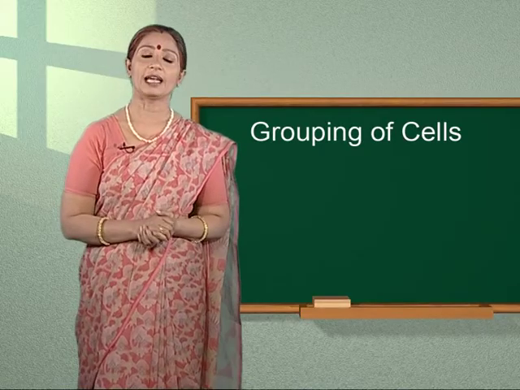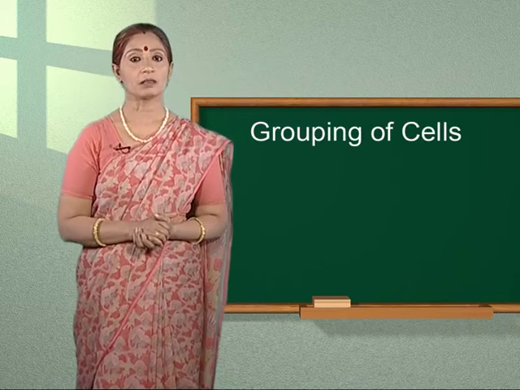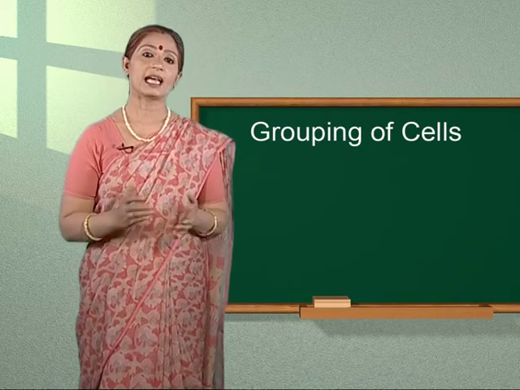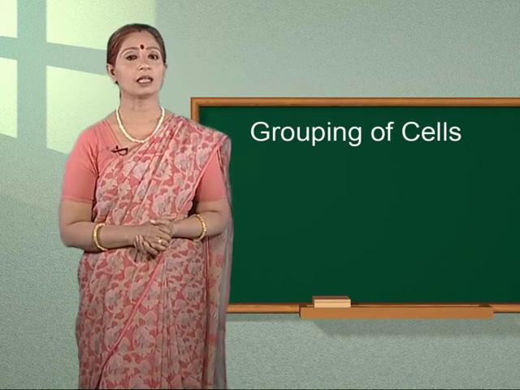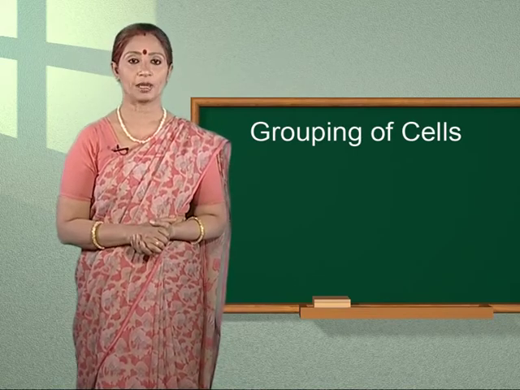A number of identical cells can be combined together. There can be three types of grouping of identical cells. They can be combined either in a series combination or in a parallel combination or even in a mixed grouping.